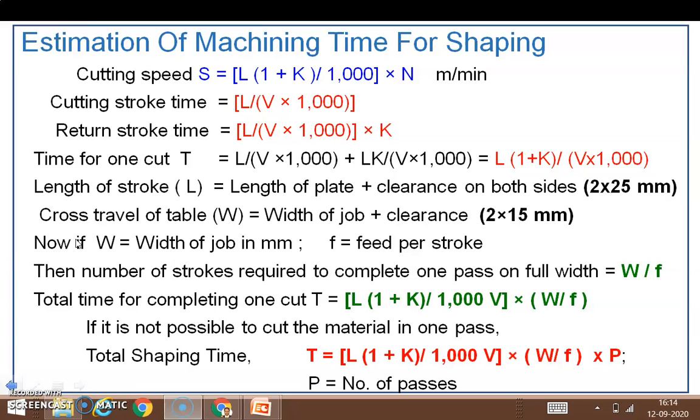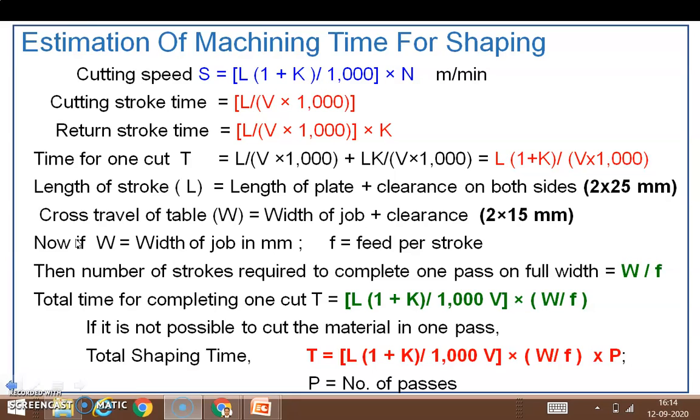Therefore, the number of strokes required to complete one pass on the full width equals the width of job in mm per feed per stroke, so that we are able to find how many strokes are required to complete the entire width of the workpiece. Therefore, the total time for completing one cut T equals L multiplied by (1 plus K) divided by 1000 V, the whole multiplied by the number of strokes required, W by F.